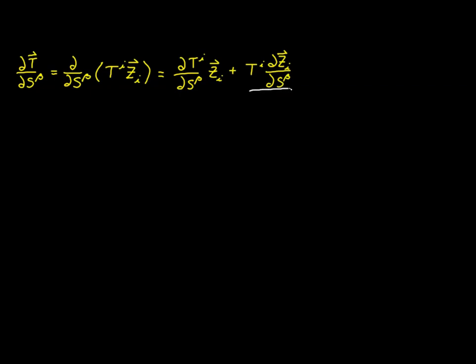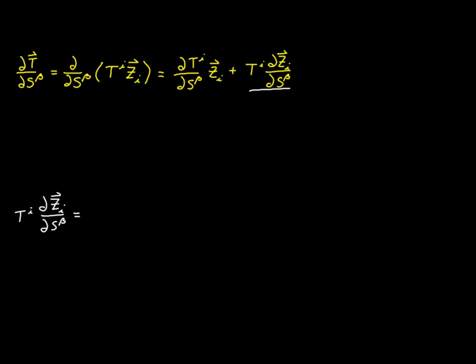Okay, let's take a closer look at this term right here. We've got ti times the partial derivative of zi with respect to s beta. First thing is that we can expand this second factor using the chain rule. We can do that because our basis vectors zi are our ambient basis vectors, of course, but we're only working with those that lie on the surface of our surface manifold.